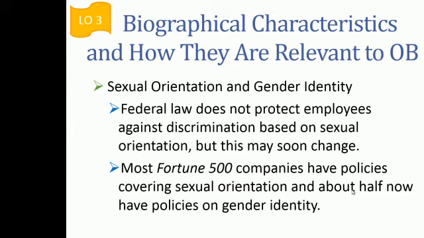This becomes really important because you might have people with a different gender identity, somebody who was born as a male but feels inside like a female, being treated in horrific ways in the workplace.